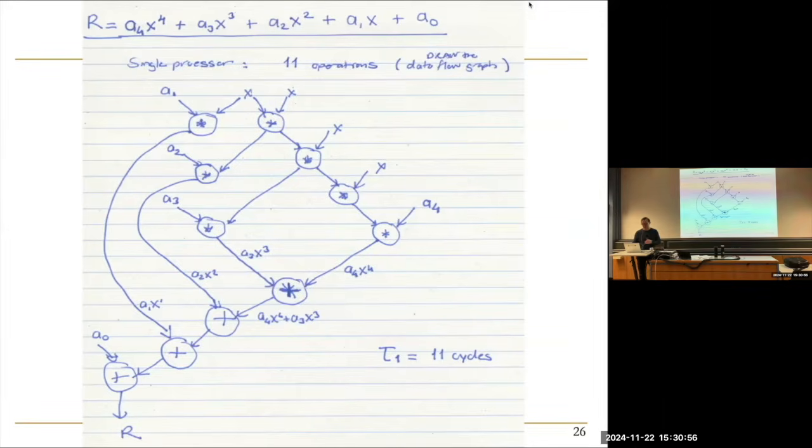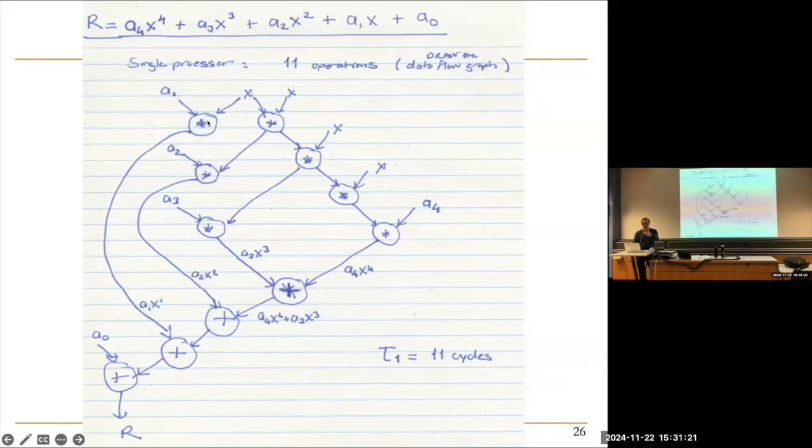And this is what you get. This is how you get 11, I assume, right? You multiply x twice, you get x squared. Then you multiply one more time, you get x cubed. You multiply one more time, you get x to the power of 4. Then you input a4, and you get a4 x to the power of 4.